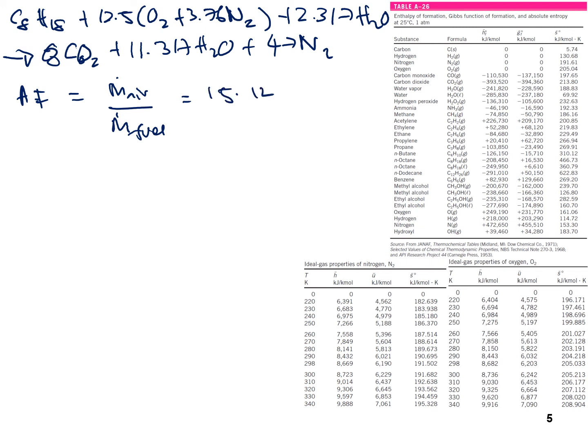Then your mass flow rate for fuel is equal to 120 bahagi dengan 15.12, 7.936 gram per second untuk fuel.